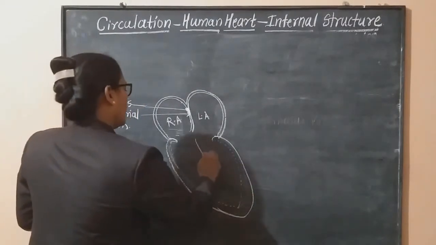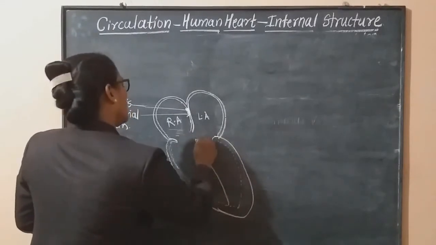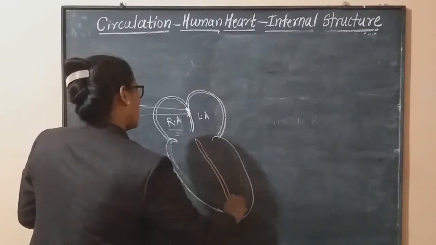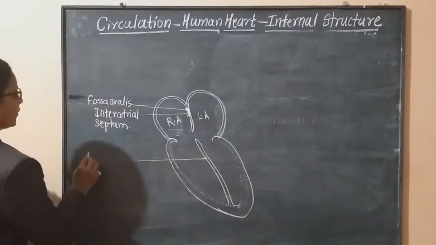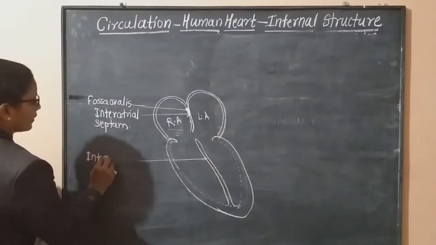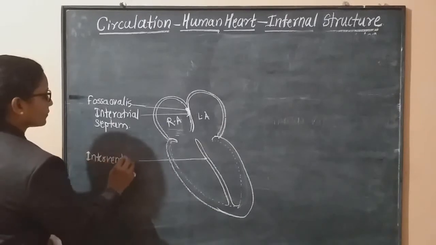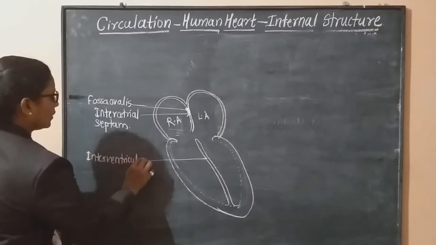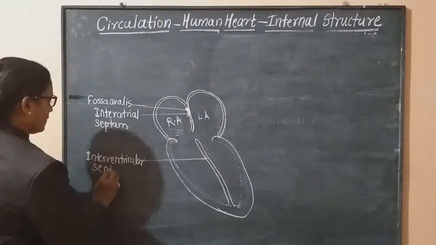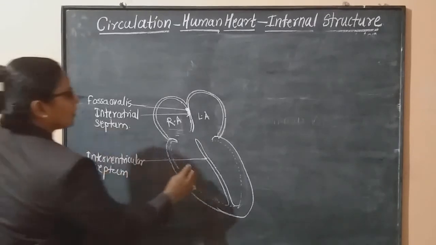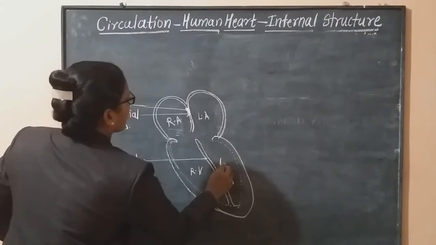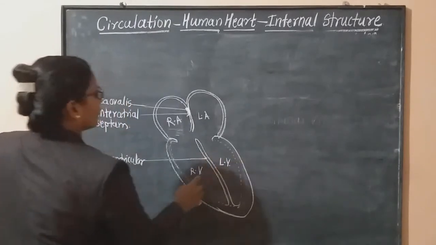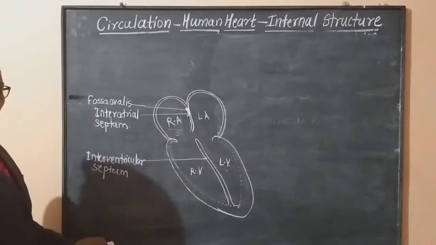These two ventricles are separated from each other by this septum, which is called the interventricular septum, due to which there is no mixing of pure and impure blood in the respective ventricles.